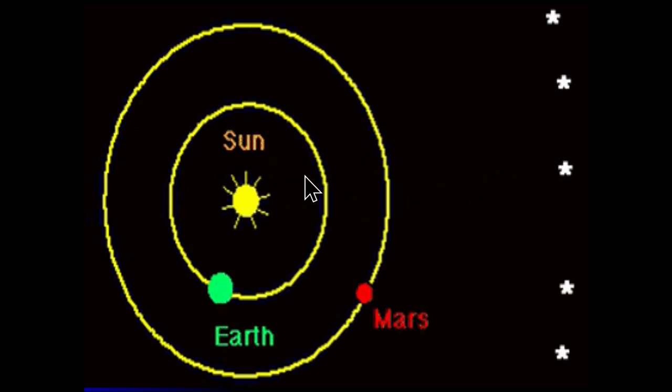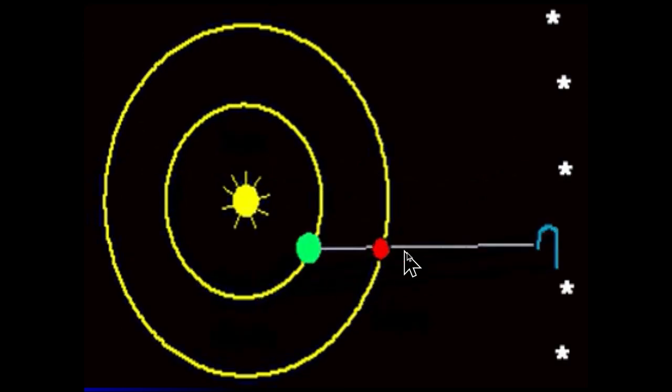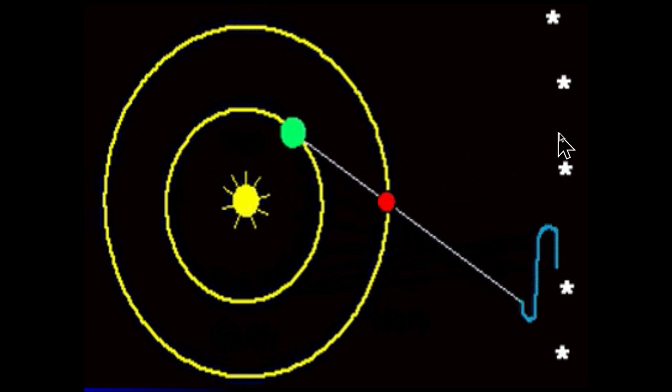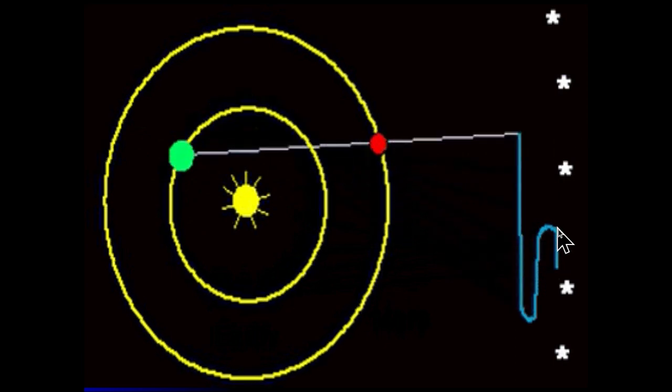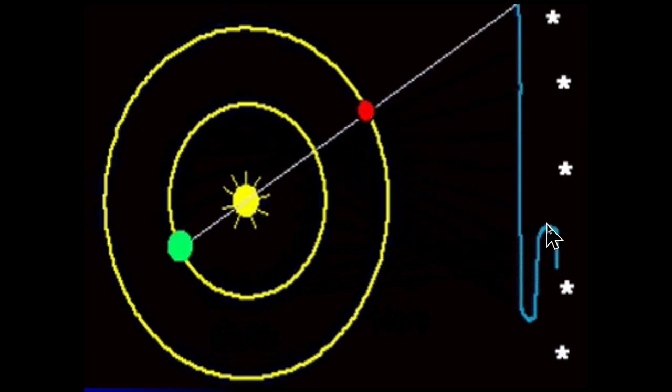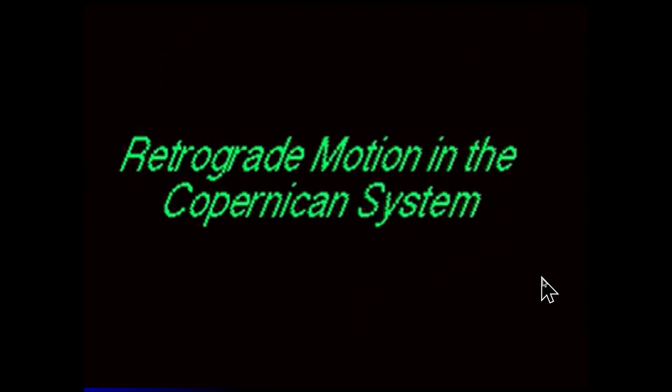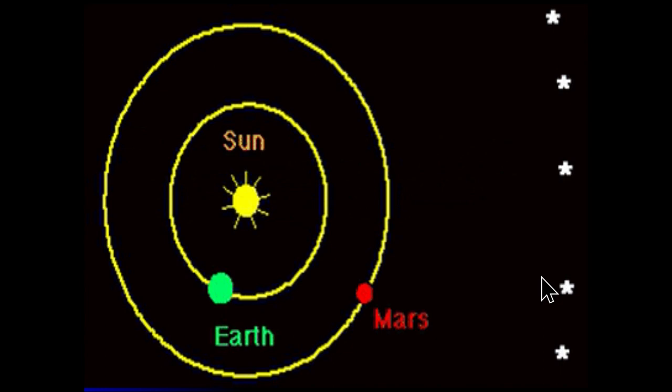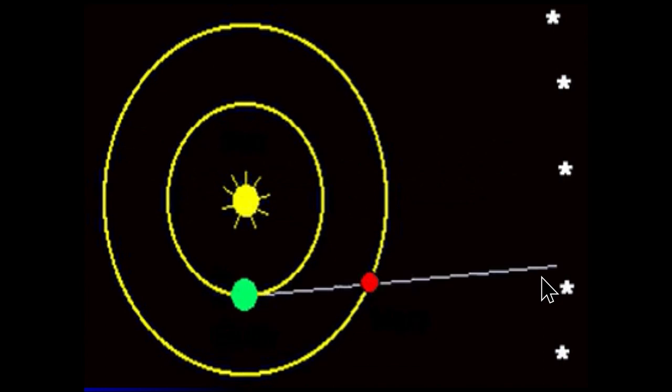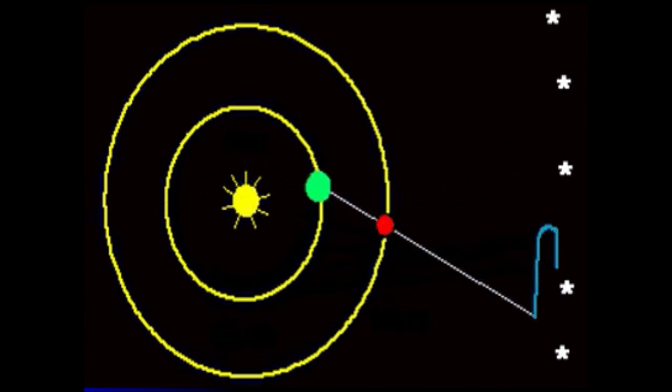So again, if you follow the blue line, which is the eyesight watching Mars, and then we look at Mars compared to the background stars, you can see that Mars will have the appearance of backwards motion. What's really important here is that when you define retrograde motion, the key word is the appearance of backwards motion.